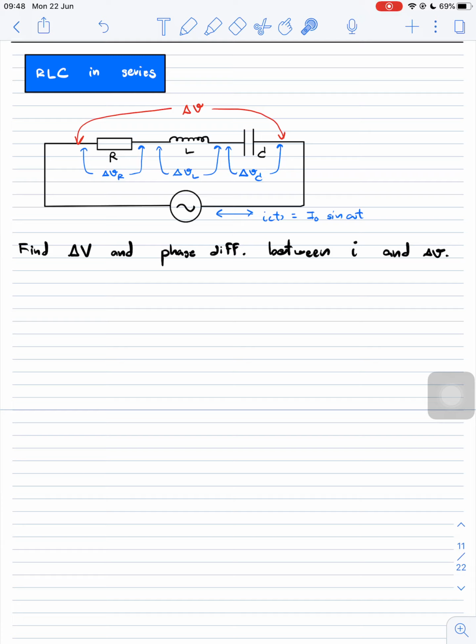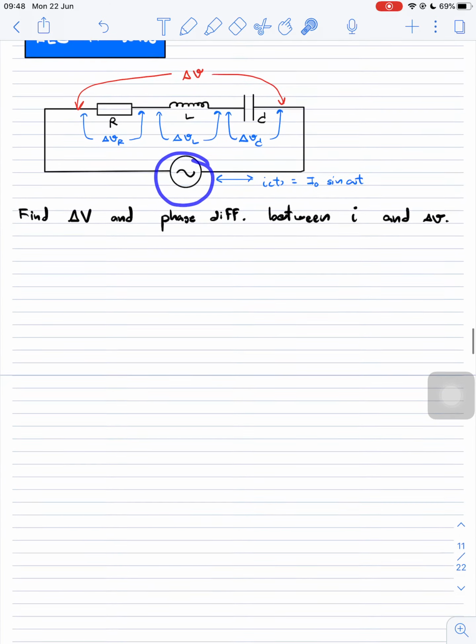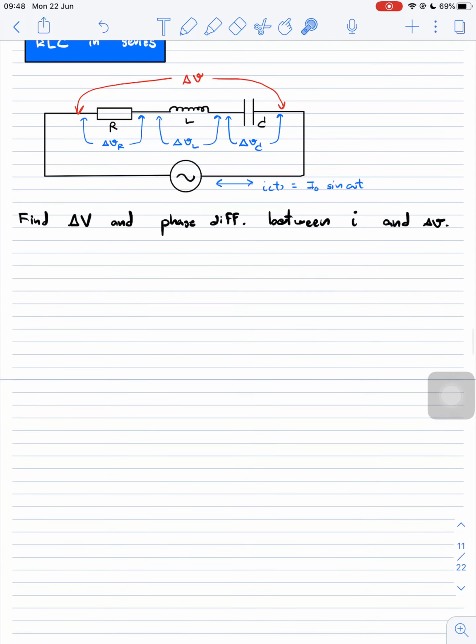It means that the potential difference across this combination must be the same as the potential difference across the AC source. So that's going to be the objective of what we want to find here.